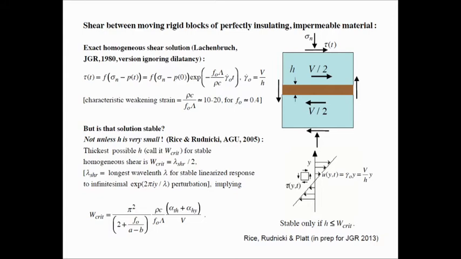He imagined such a layer was between two half spaces that he regarded as impermeable to fluid flow and adiabatic, non-conducting, and worked out a solution where there was homogeneous strain within the layer, a velocity distribution through it that looks like what you see here. And he got this exponential weakening.